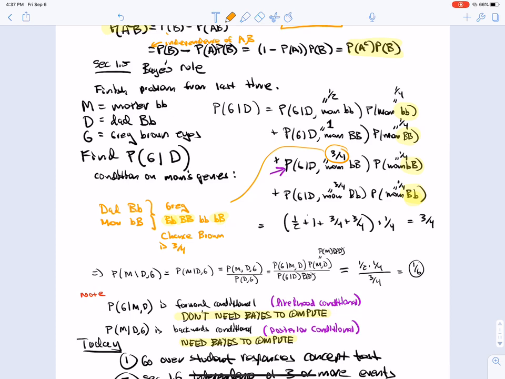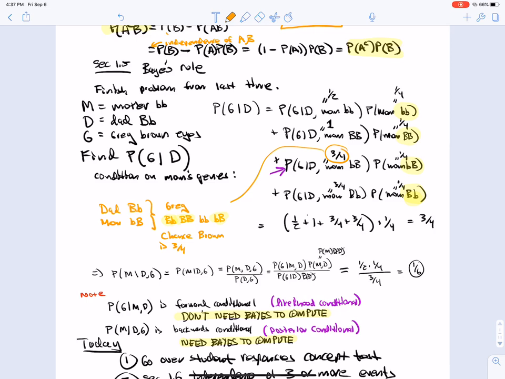We needed to find the probability that Greg has brown eyes, given that the dad has genes capital B, little b. And the idea here is to condition on all the different possible genotypes of the mother. Namely, the mother could have little b, big B, little b, big B, little b. And we're just going to assume that all of those probabilities are a quarter.